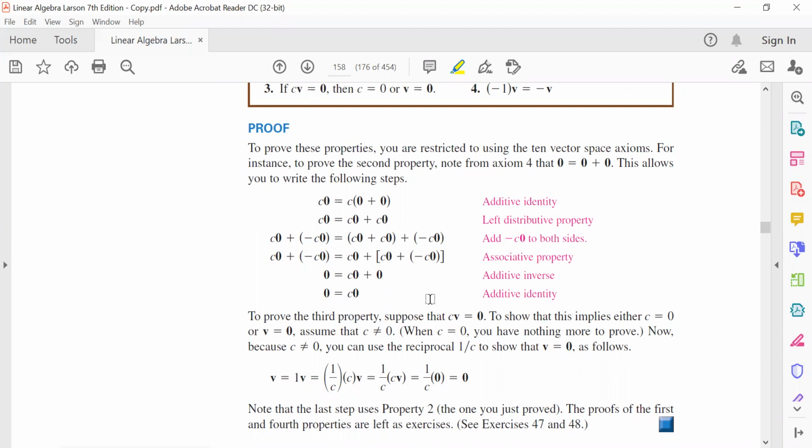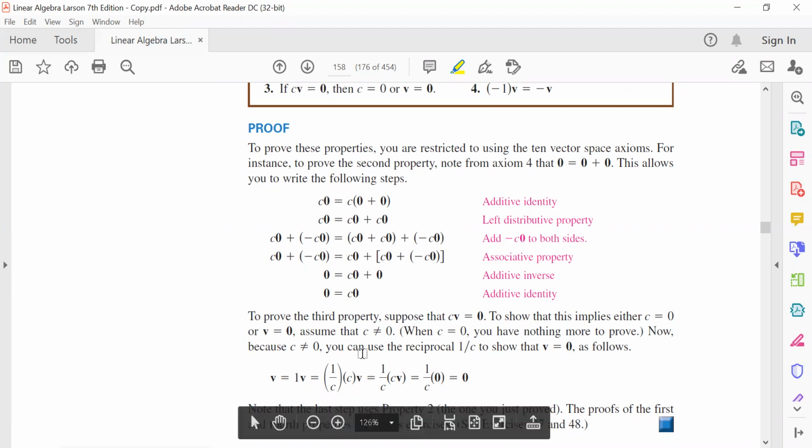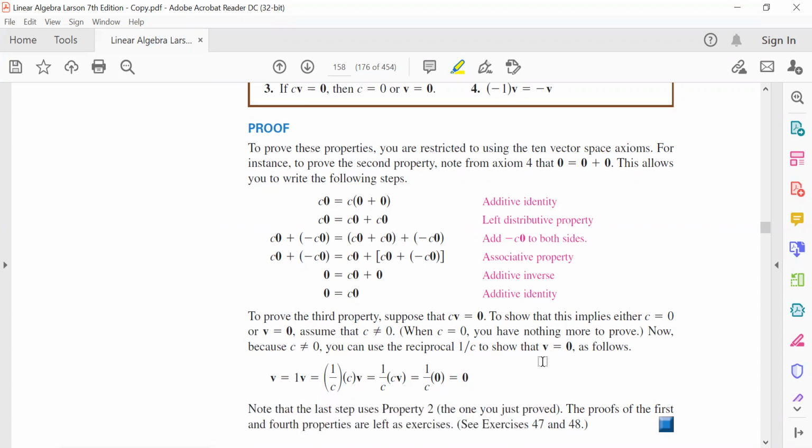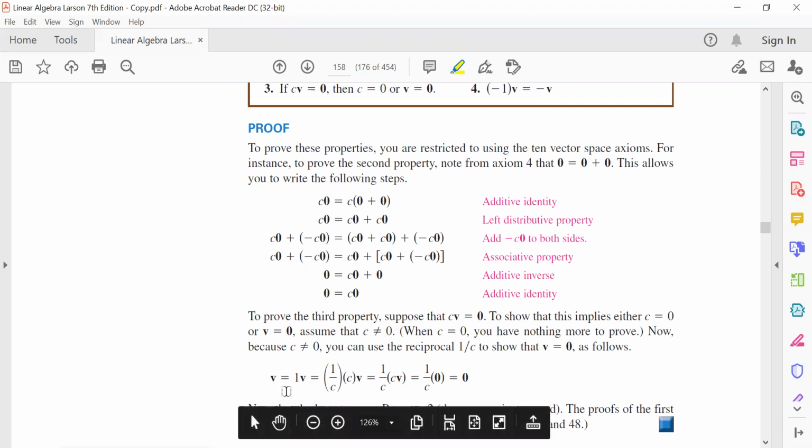And this one is similar. We want to show that if C times the vector is equal to 0, then this implies either C equals 0 or V equals 0. If C is equal to 0, then there's nothing to prove. But if C does not equal 0, then C has a reciprocal, 1 over C, and to show that V is equal to 0, V is equal to 1 times V. That's one of the axioms.